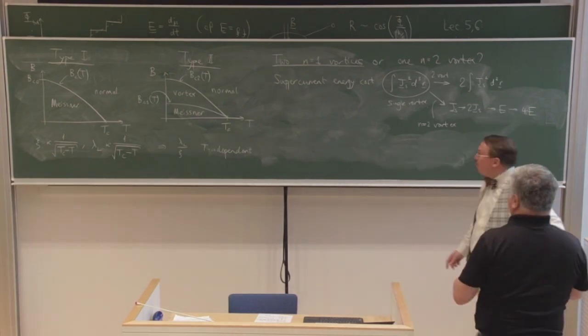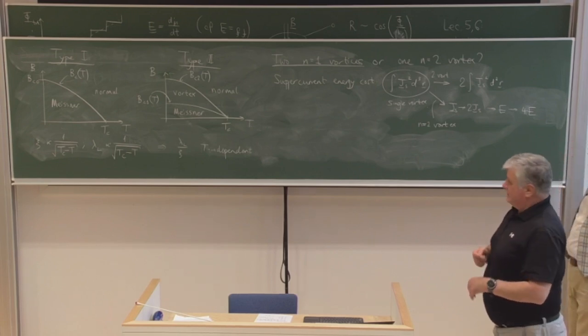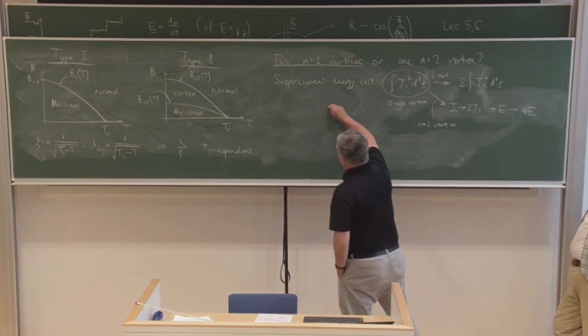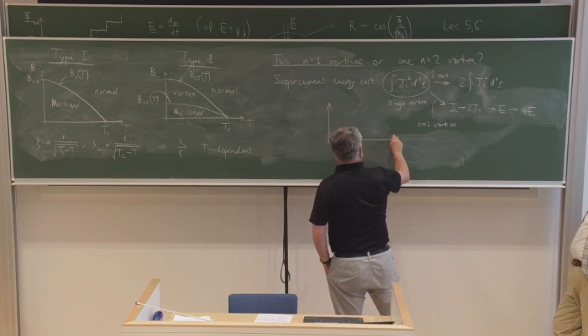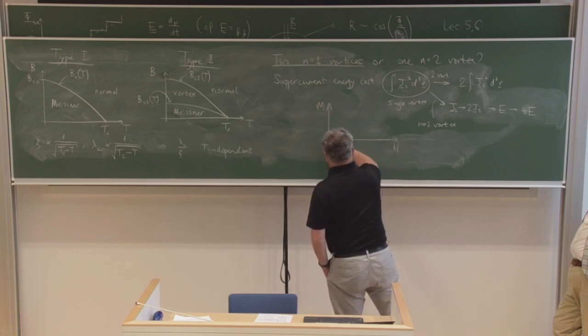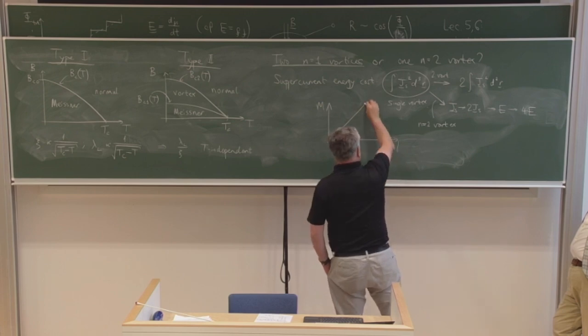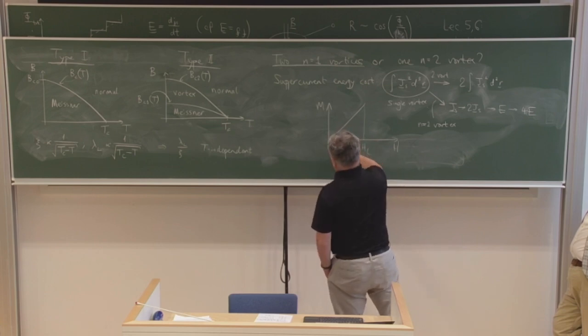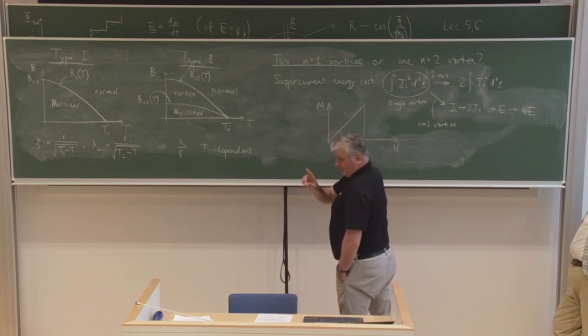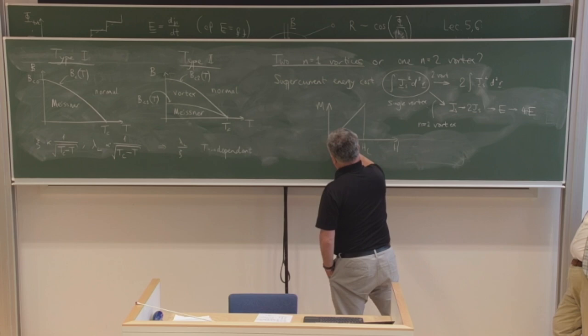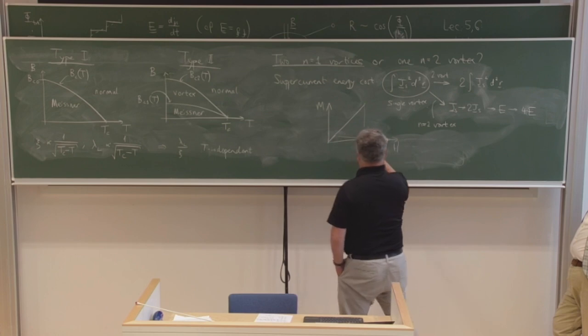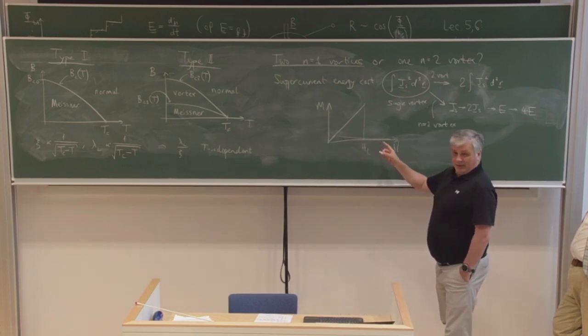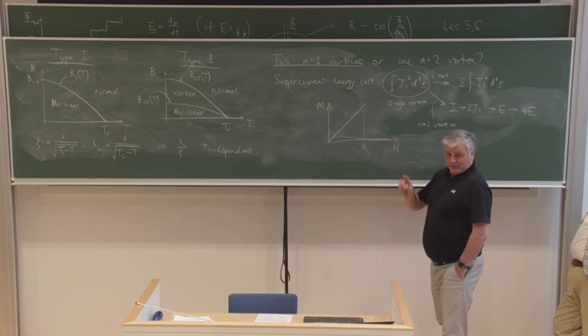I think this is not an answer properly to your question, but it's going to tell you a bit about what goes on. It's always useful to also look at the MH curve, at least your calculation of the MH curve. For a type 1 superconductor, it's just going to shoot up like this and then suddenly collapse at HC. And we know that for a type 2 superconductor, what you do phenomenologically is you go up this curve for a little while, and then there's going to be some long tail where your magnetization is falling in the applied field because of the increasing entrance of vortices.